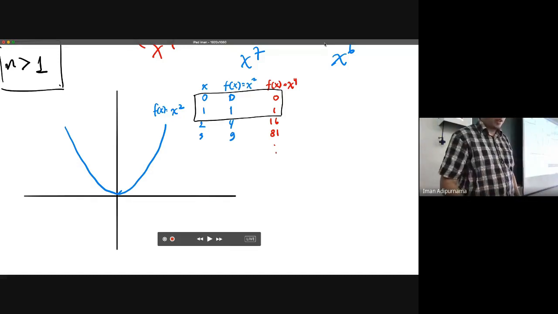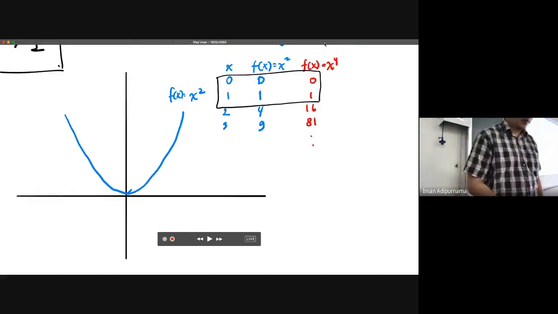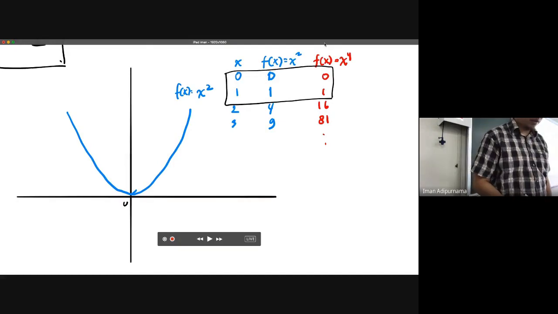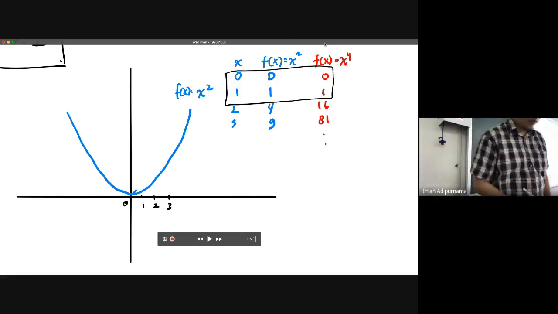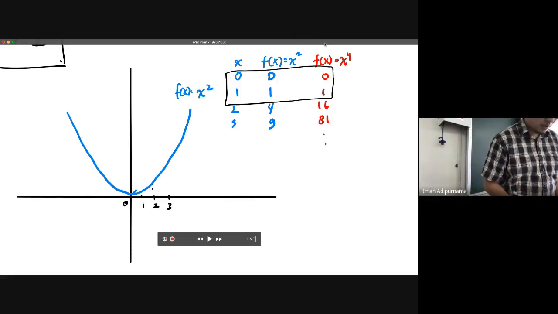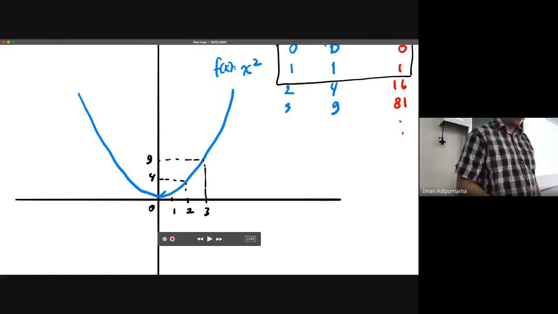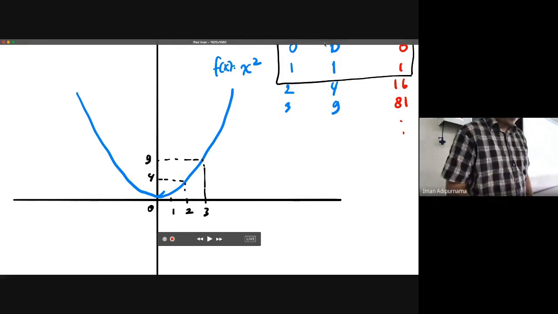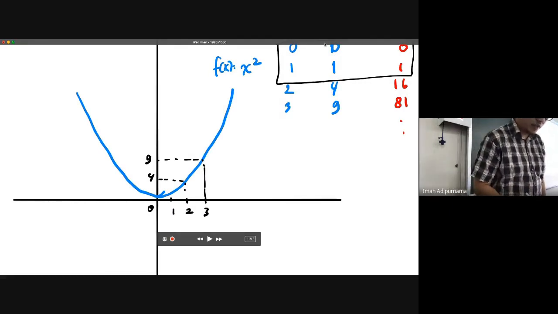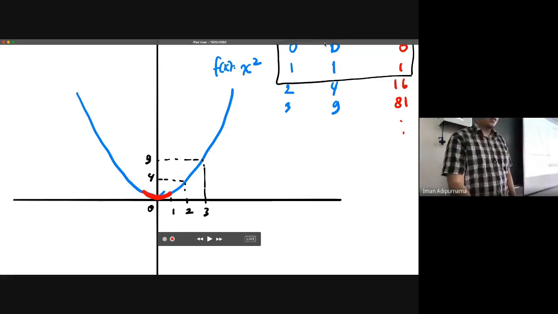But when we increase our x, for example, this is 0, 1, 2, 3. Maybe it's not really proportional, but let's say this is 4, and 3 is 9 here. So from 0 to 1, the x to the 4th is still the same graph as x squared.